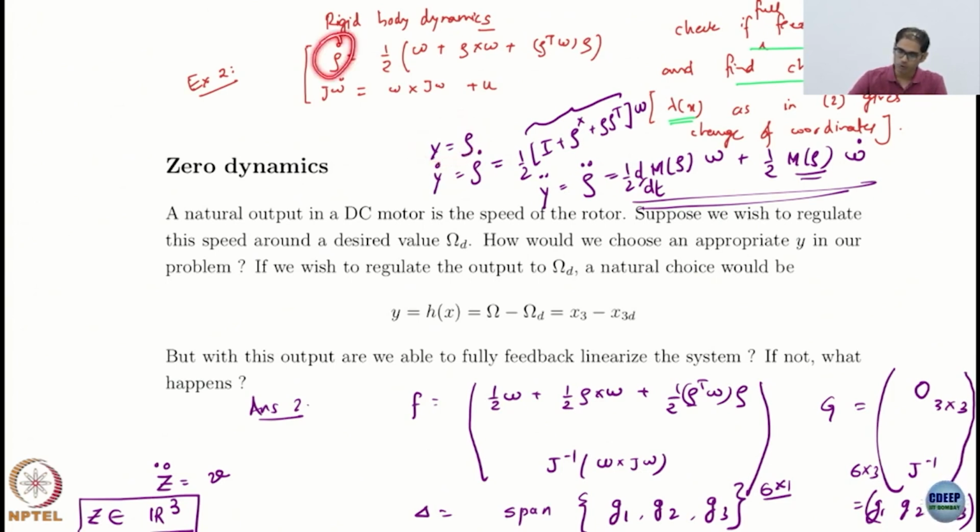If I take my output as rho itself, that's going to give me complete feedback linearization, because the second derivative will contain the control. So I have guessed at it instead of actually going by the integrability condition. But this also works.